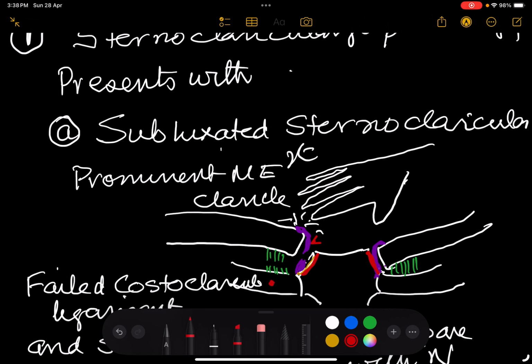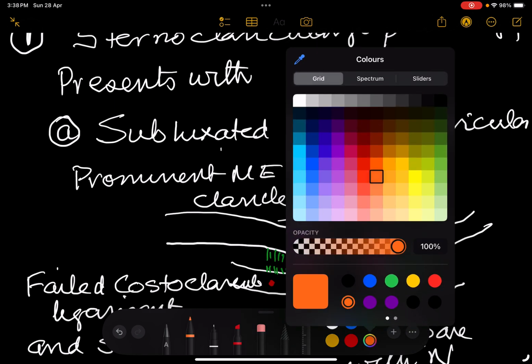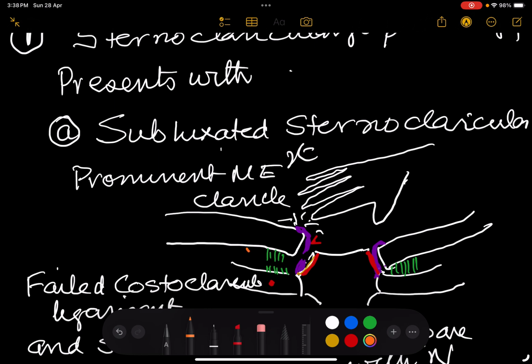and the costoclavicular, that means the ligament connecting the medial end of clavicle with the first rib has ruptured, or the subclavius muscle is stretched or damaged, then this will happen. You will be able to feel the end of the clavicle as compared to the opposite side, and this is prominent.